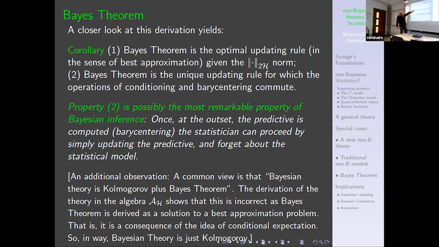And this shows you that Bayesian statistics is just the solution of a best approximation problem when you see the algebra of operators. And so in a way, since that solution is Kolmogorov, Bayes theorem is Kolmogorov as well.